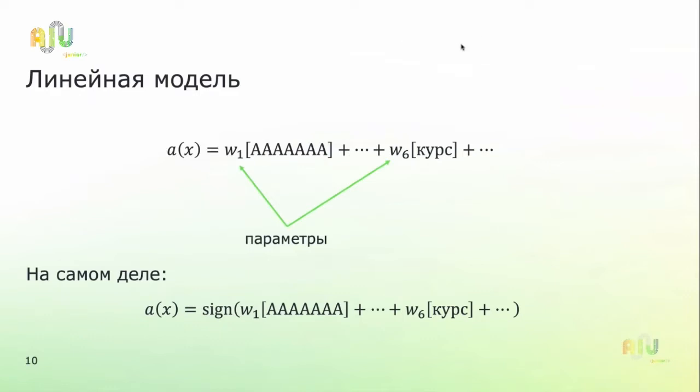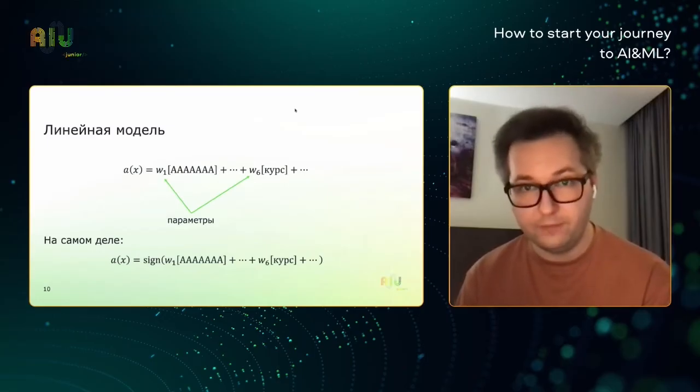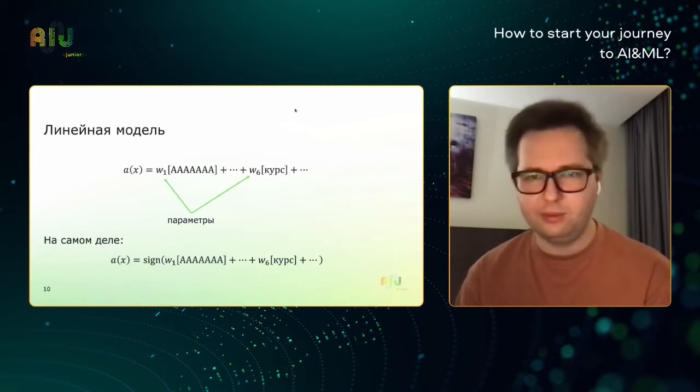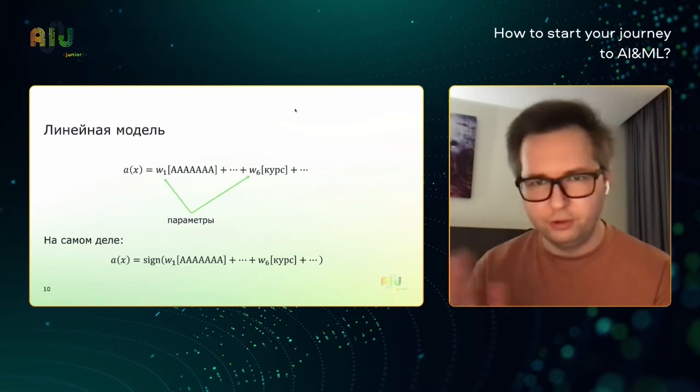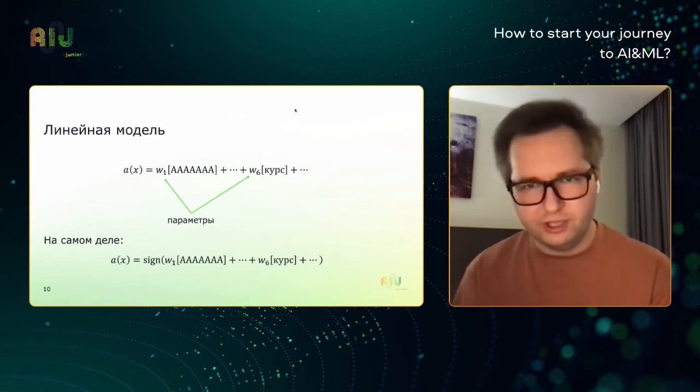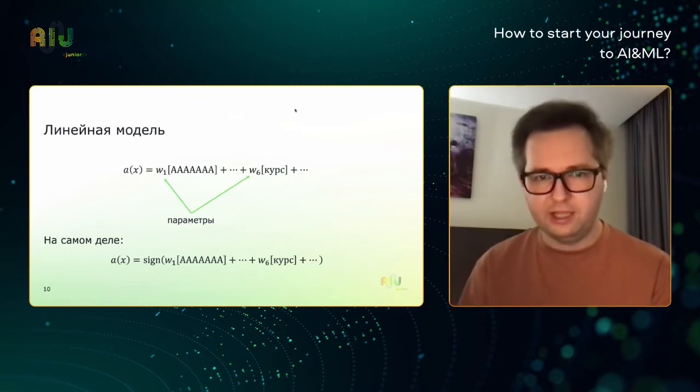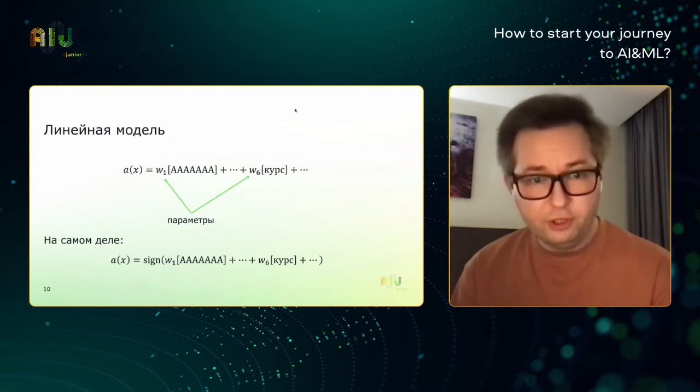So in this example we have 6 words. That's why we have 6 parts of the equation. If it is 10,000, then this formula will have 10,000 elements. Yes, sometimes we add a free ratio b or v0, but let's not get so deep into details. It doesn't matter for this particular case.